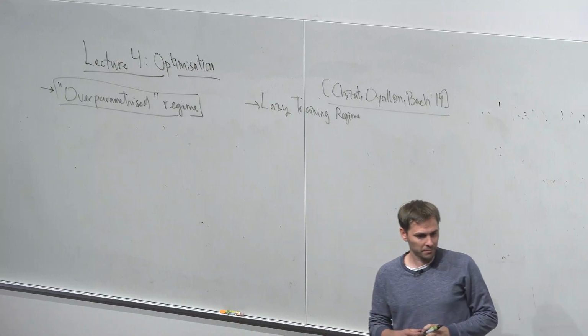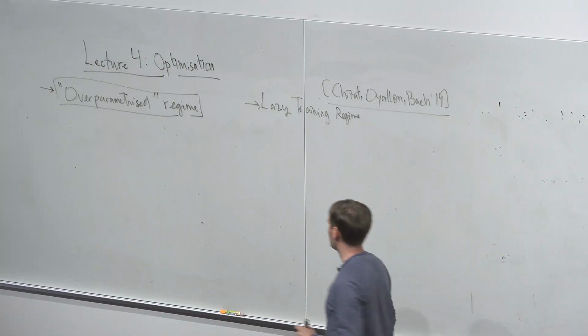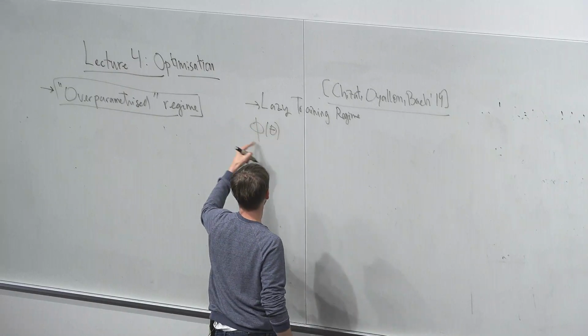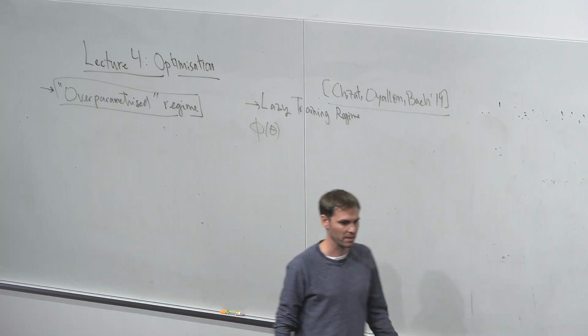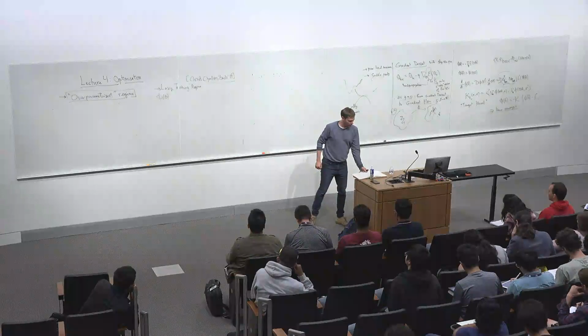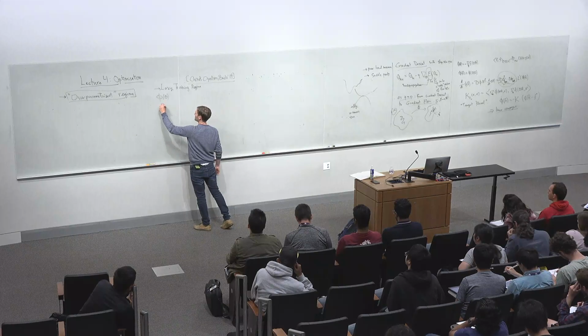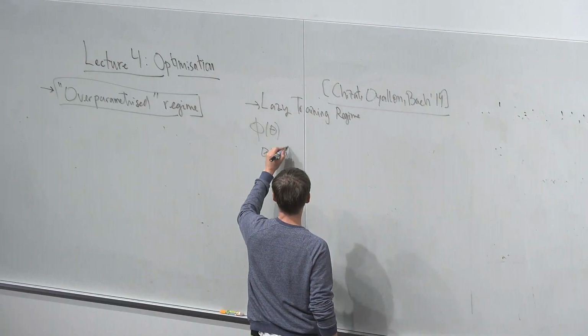For this, we can again just assume that I have a mapping that goes from parameters to functions, and this mapping is differentiable. And this is the initial condition.